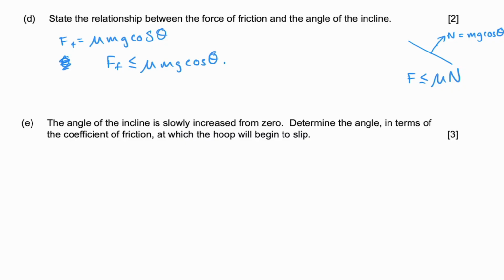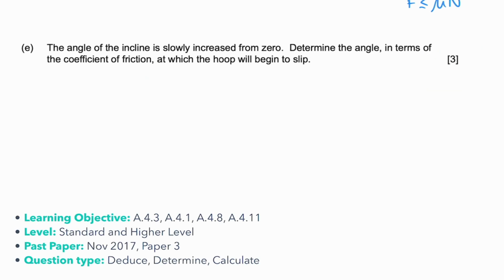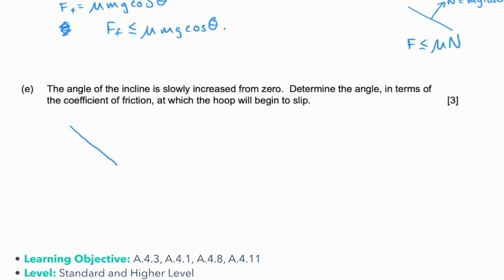There we go. E. The angle of incline is slowly increased from 0. Determine the angle in terms of the coefficient of friction at which the hoop will begin to slip. Okay, so at the point where the force acting down the slope equals the frictional force acting up the slope, that's the point where the hoop will begin to slip.